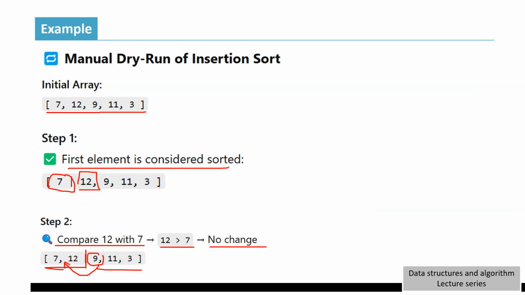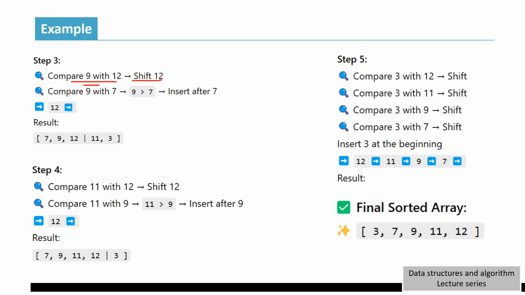Now compare 9 with 7. So 9 is greater than 7, so it will be inserted after 7, right? So the result will be 7, 9, 12, 11, 3. Now this is the sorted part, this is the unsorted part.